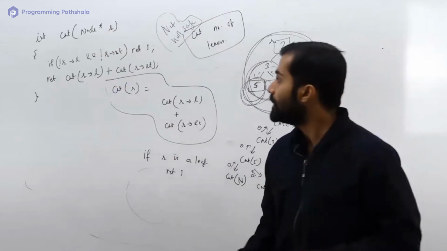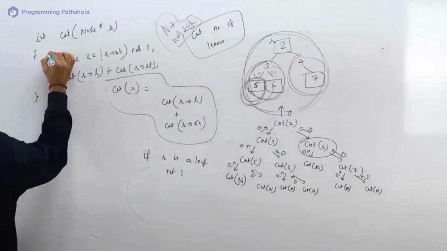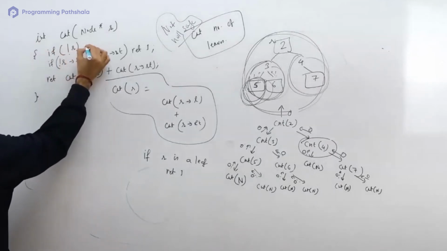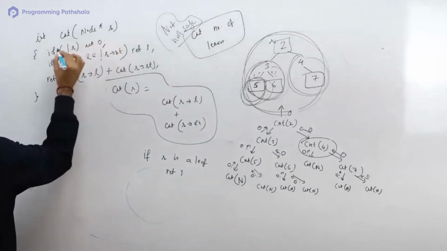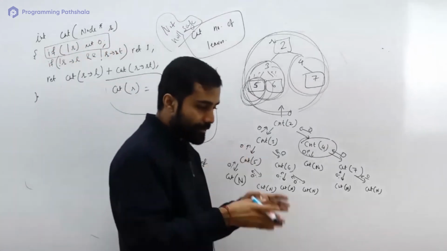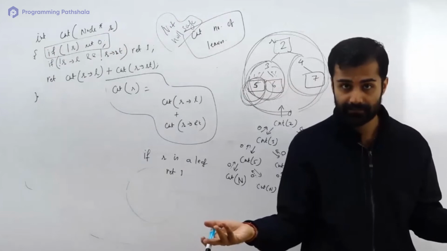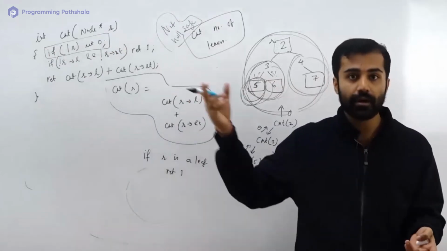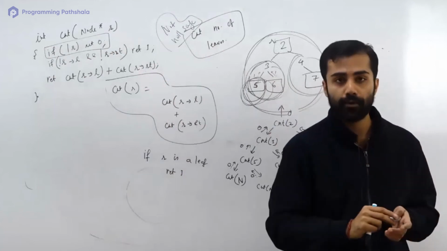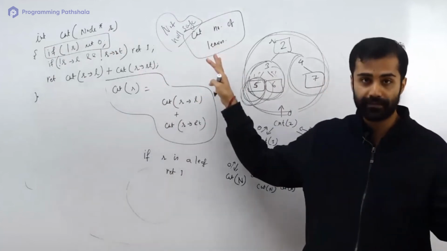For that, you can add your first condition here. If R is null, return 0. Theoretically, it is trying to say that if the subtree is empty, return 0, which is correct. So it will not lead to any wrong output, but what it does is it protects you from null pointer exception. So now this code is perfectly correct.